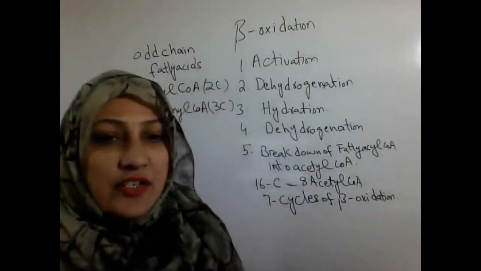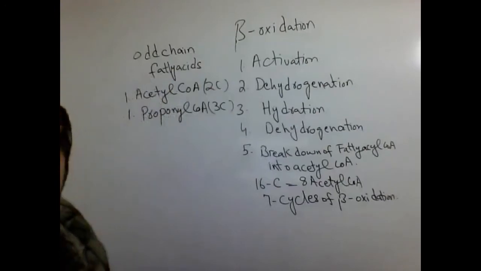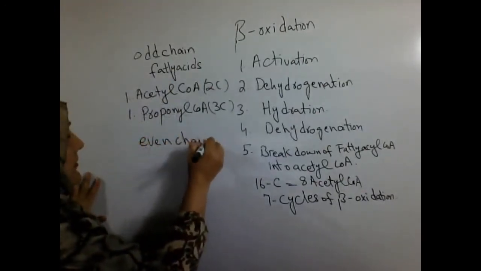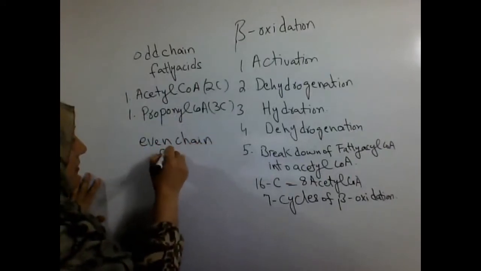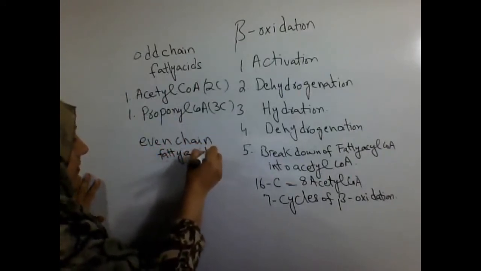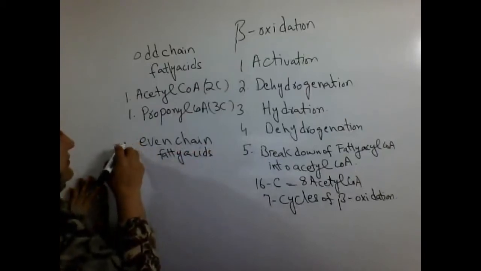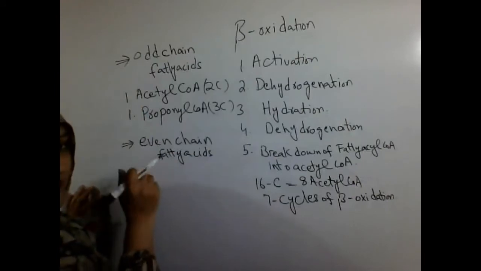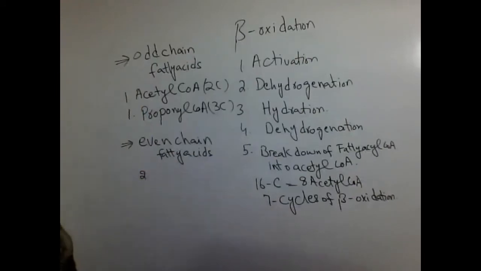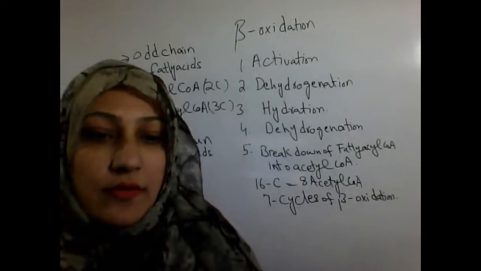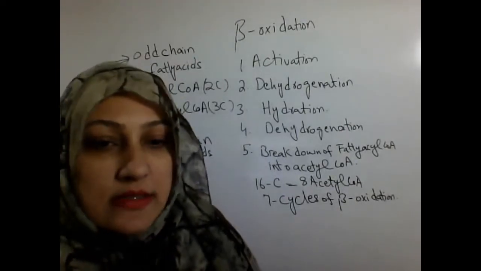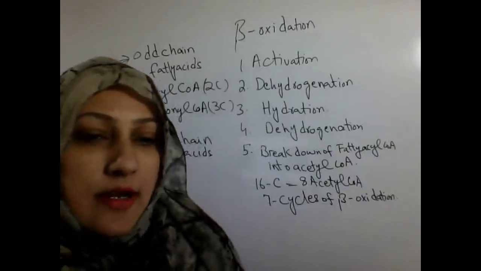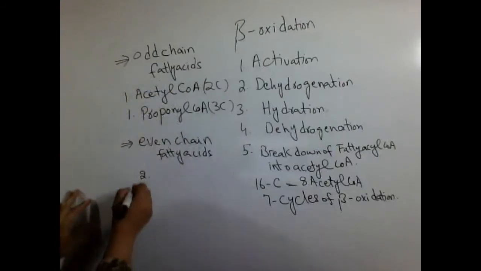Here is the differentiation between the even chain and odd chain fatty acids. In case of even chain fatty acids, in the last cycle of beta oxidation, both molecules produced at the end are acetyl CoA.